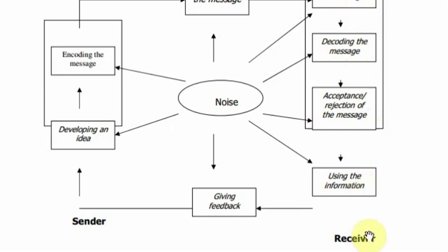So here the receiver receives the message. There are two possibilities. One, he may give positive feedback in the form of offering a glass of water. Two, he may reject it. He understands that he wants a glass of water, but I don't have water, so he simply ignores it. Ignoring is something like rejection.